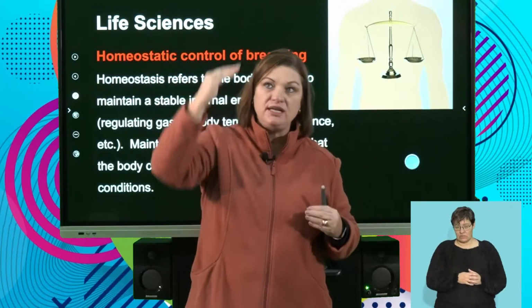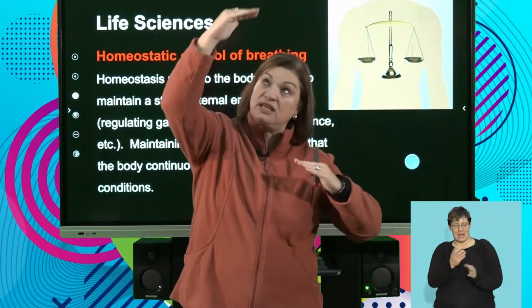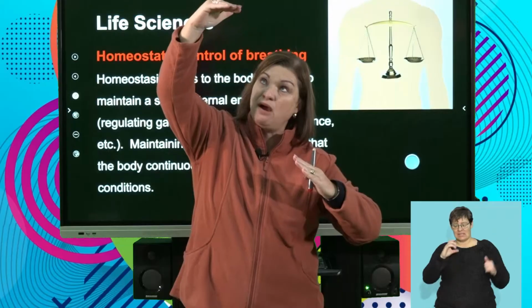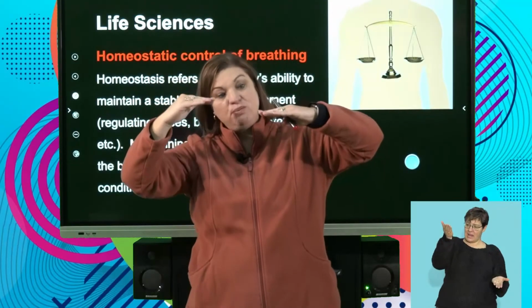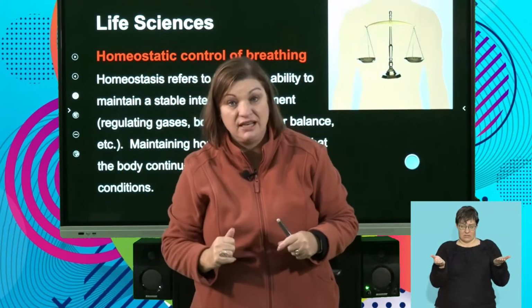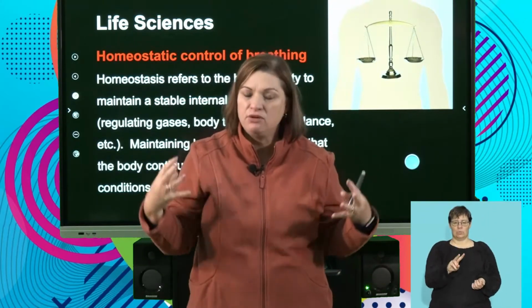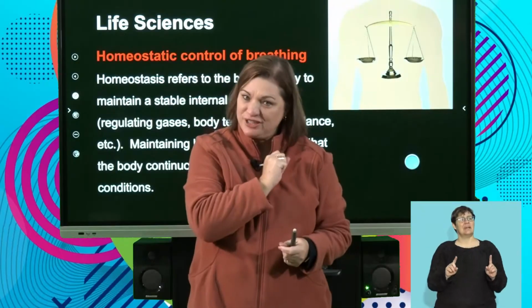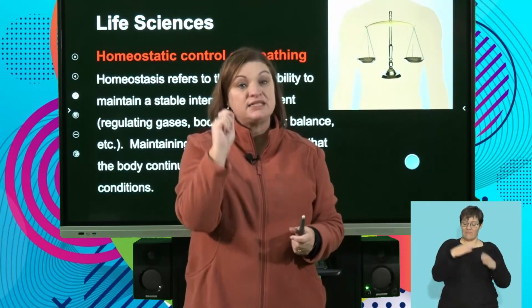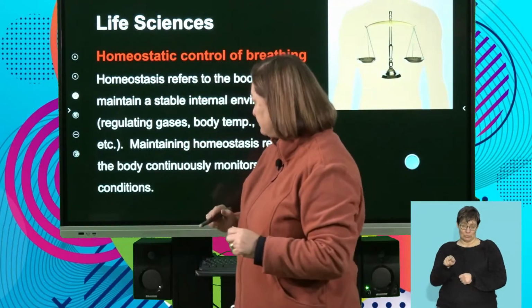Now my body needs to make a plan, the balance. Look, here's my scale. My carbon dioxide is here. I need to bring my carbon dioxide levels down. Yes, I am going to use oxygen as a means, but it's not about the oxygen. That's really important. It's about the carbon dioxide.